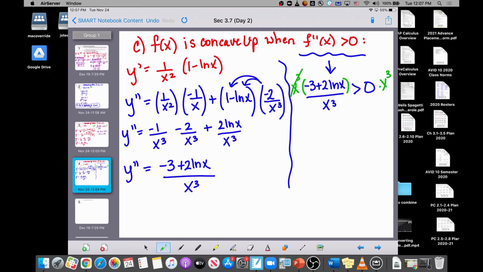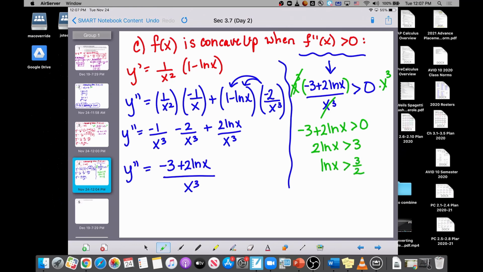It's going to get rid of the x cubed on the left, but it's going to have no effect on the right because 0 times anything is still 0. So now I have negative 3 plus 2 natural log x is greater than 0. If I add 3 to both sides, I have 2 ln x is greater than 3. And if I divide by 2, I have ln x is greater than 3/2.